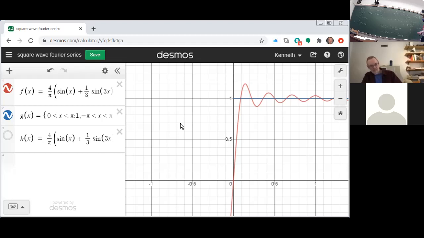So just find the Fourier series for the even extension of this square wave.